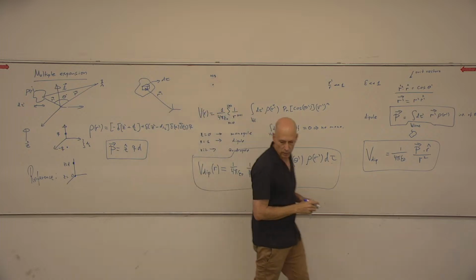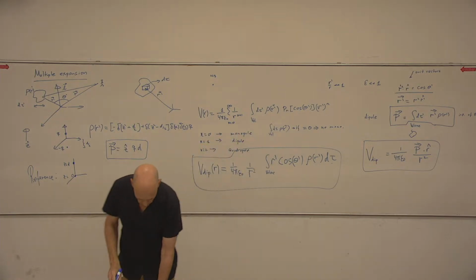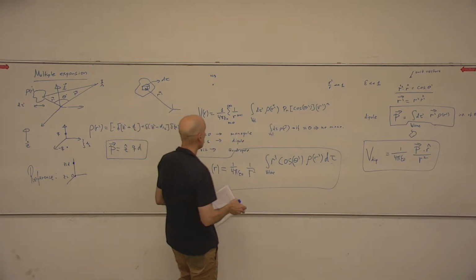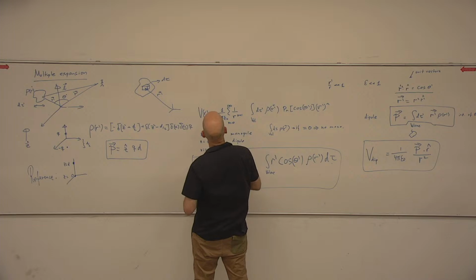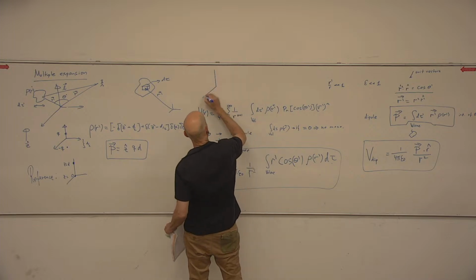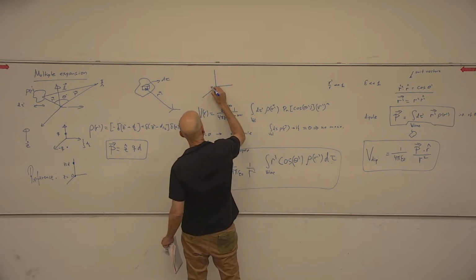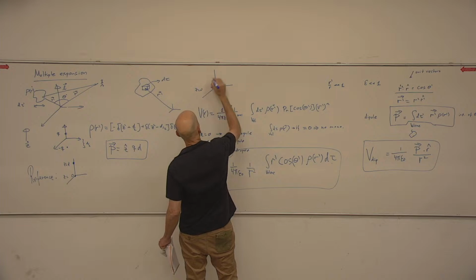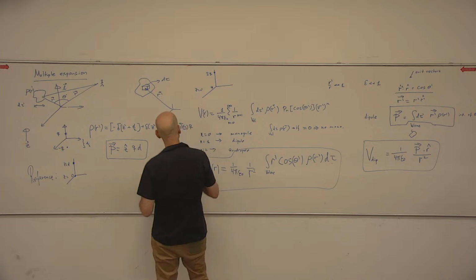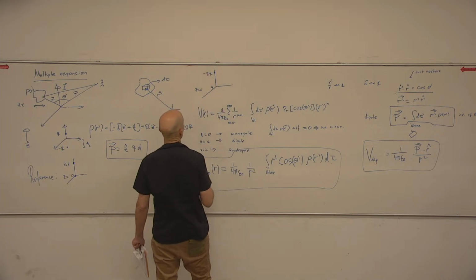How do I want to write it? Okay, so let us do it like this. Let's say we have one reference frame. Here it's q. This is z equals 0. And here I have 2q. And the 2q I'm going to take as minus, whatever.